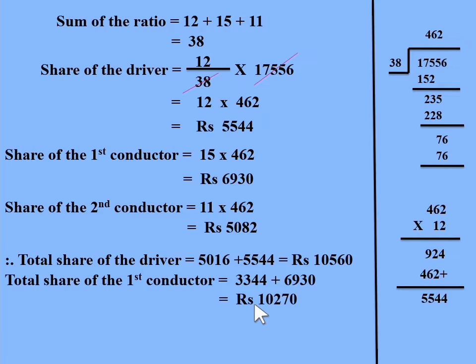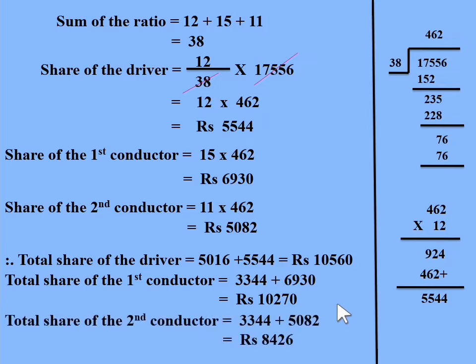Total share of the first conductor is equal to 3,344 plus this 6,930 is equal to rupees 10,274, and the total share of the second conductor is equal to 3,344 plus this amount 5,082, which is equal to rupees 8,426.